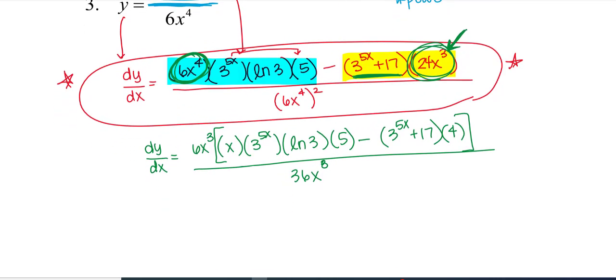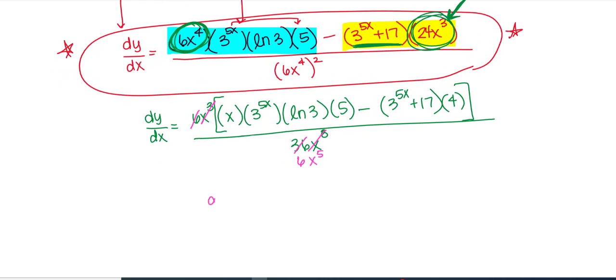Okay, I can go one more step, not too tricky here. 6 divides into 36, leaves a 6 in my denominator, and x cubed will divide into x to the 8th, leaving x to the 5th. So if I wanted just maybe a little ease in typing this into a system, I also might write 5x as one factor.